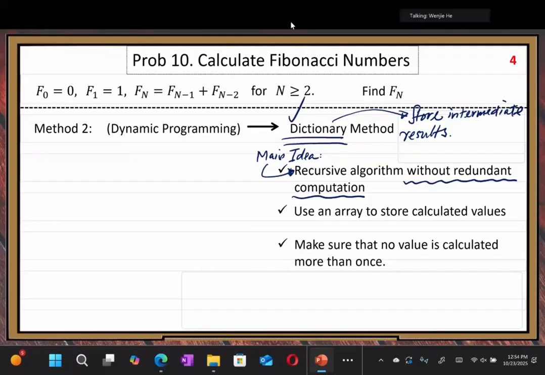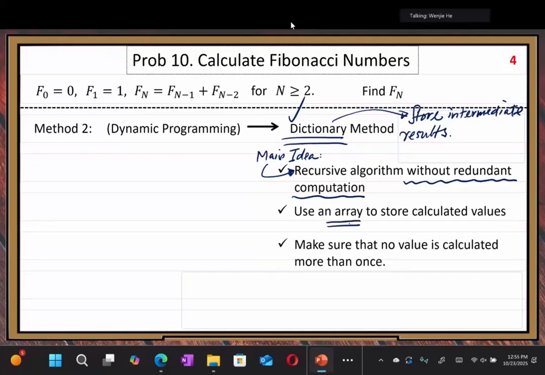So for the implementation, people will ask, how do you organize your data? How do you find a very efficient way to organize your data? For the general question, you need to extend this method. For this question, the way to organize is very simple: we just use an array.